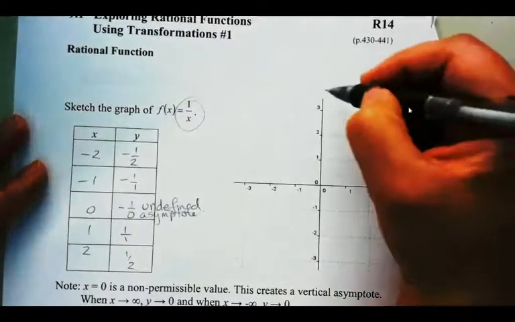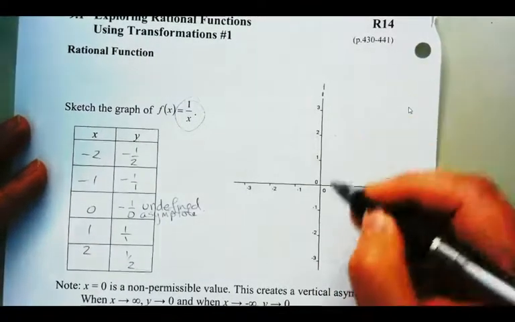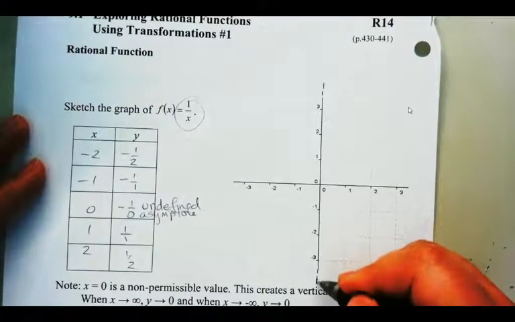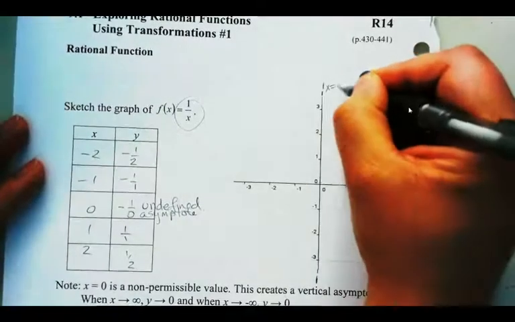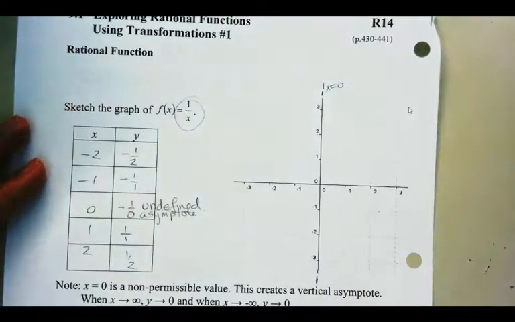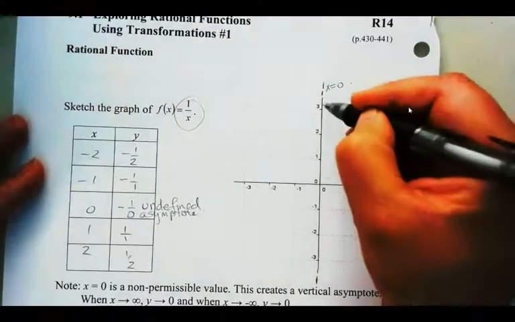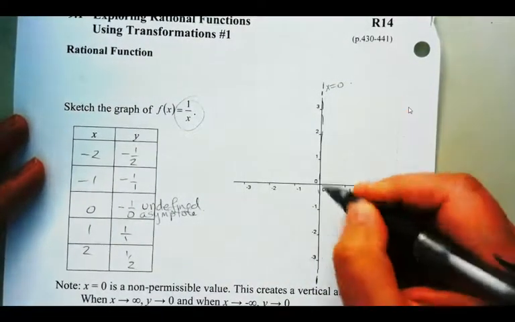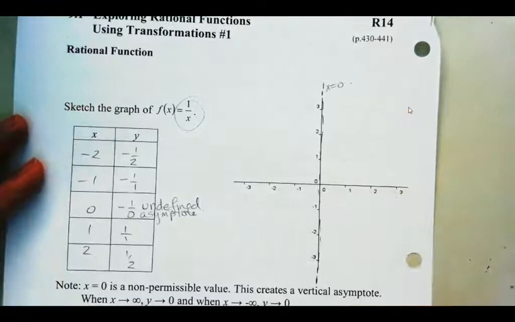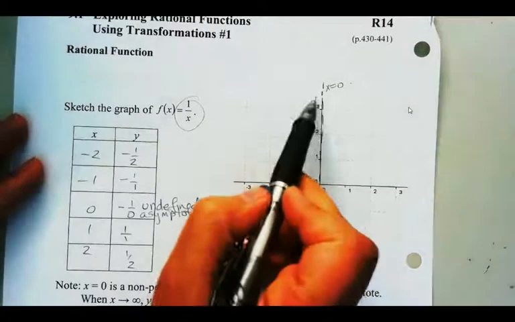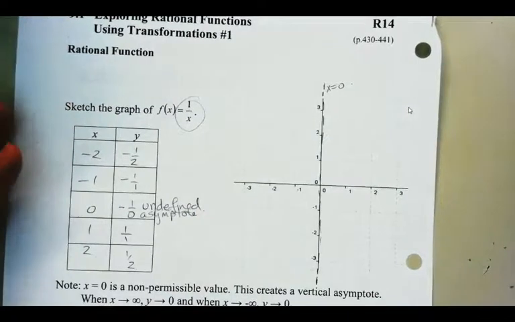Right here on the y-axis. So this is x equals 0. Since we can't really see the asymptote when we draw it directly on the axis, just extend it a little bit beyond the drawn axis there.